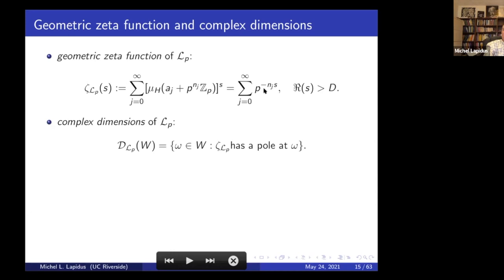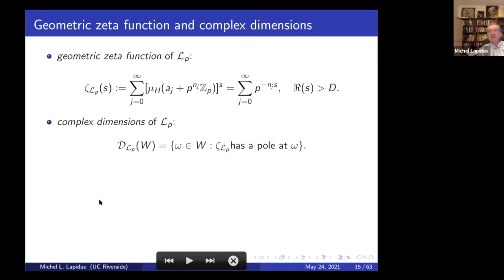So this is just the sum of p to the minus n_j s, where s is a complex number with real part large enough. It will turn out that the best lower bound for the real part of s is the so-called Minkowski dimension of the string L_p, which I'll define a little later. But let's just say real part of s greater than 1 would be enough, because it turns out that the Minkowski dimension is always less than or equal to 1.